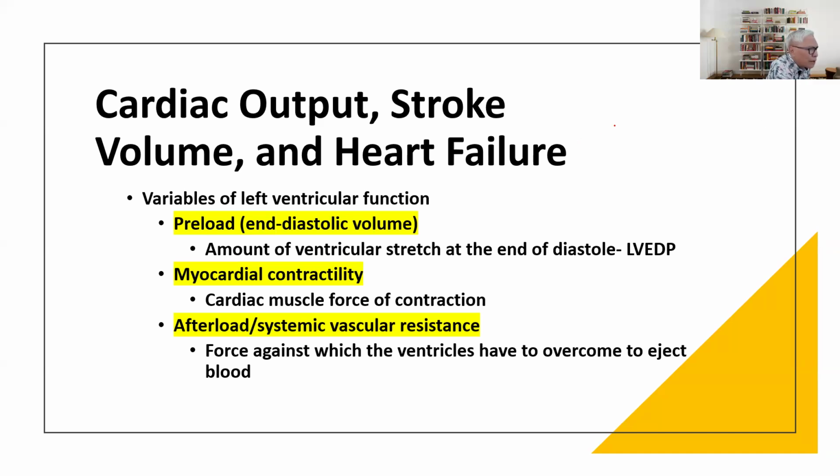That's the normal cardiac output. And of course, the cardiac output is going to be very important in this particular discussion because in different kinds of heart failure, the cardiac output is going to be either increased or decreased.